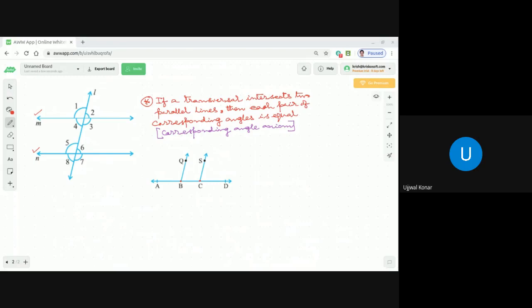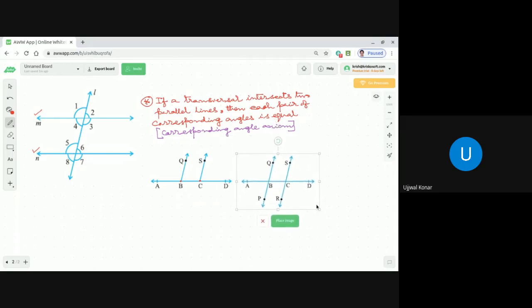The next activity we are going to do is to produce QB and SC to the other side of AD. The diagram will look something like this. So let me first show it to you and then explain.